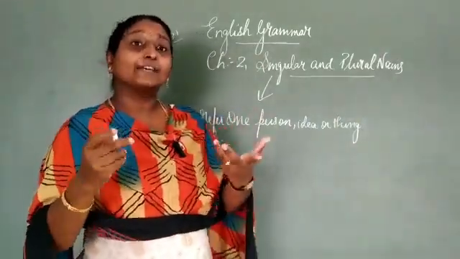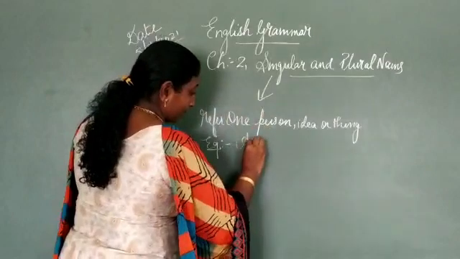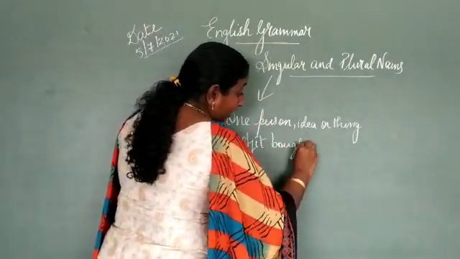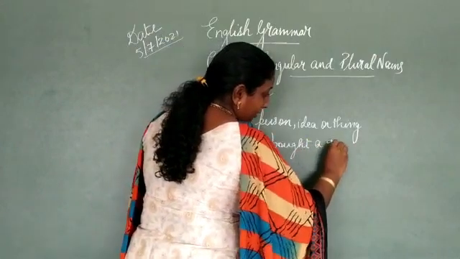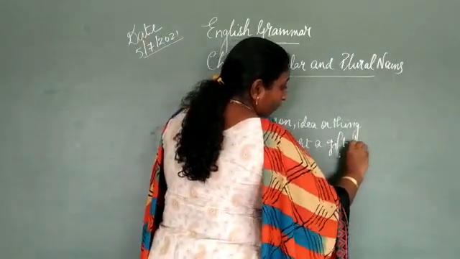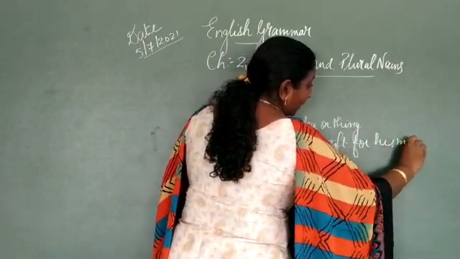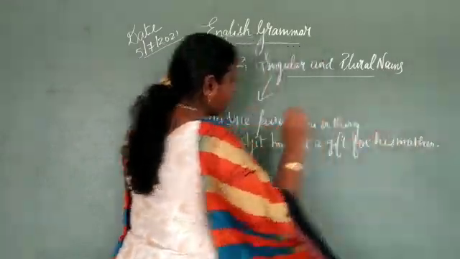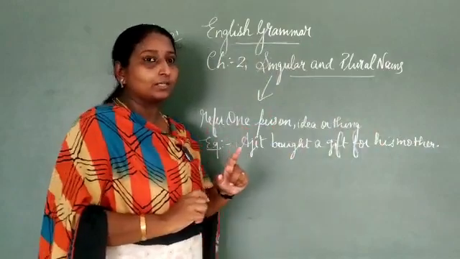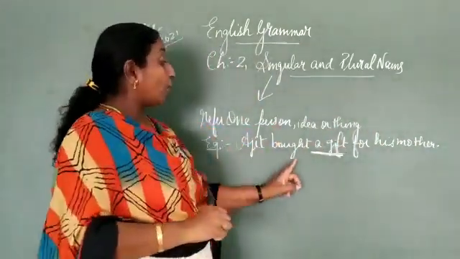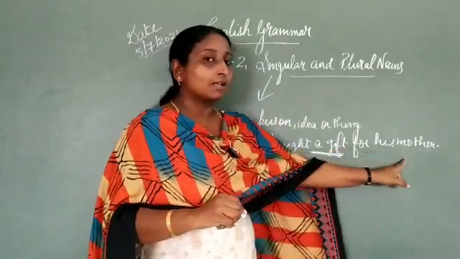Ajit bought a gift for his mother. Okay? So here, how can I tell the singular noun? A gift. See, Ajit bought a gift for his mother.